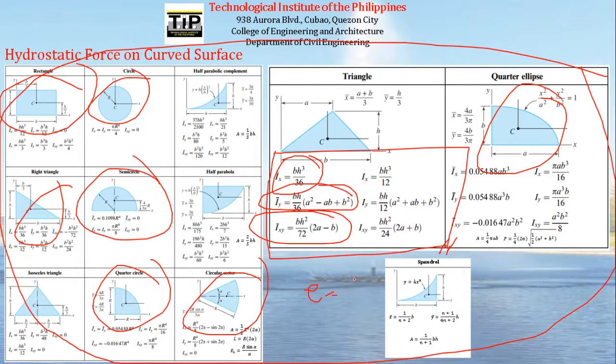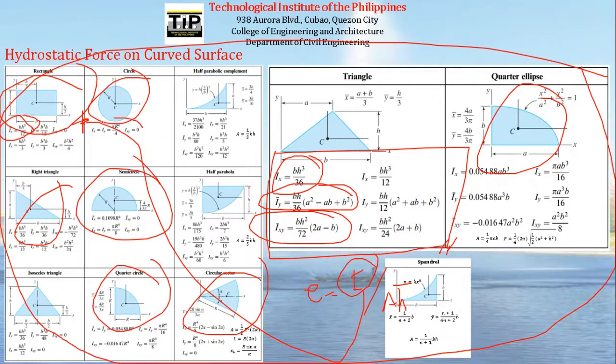So remember eccentricity is equal to I over A times H bar. So we'll use I from these tables. Say, for example, the cross section is a rectangle, so we'll use BH cubed over 12.